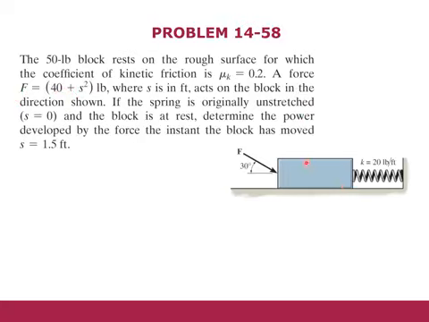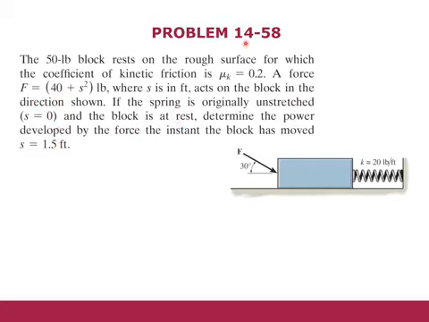The surface is not smooth, it has some friction, and the coefficient of kinetic friction is given. We have to determine the power developed by the force the instant the block has moved 1.5 feet. The force is given to us, the distance is also provided, and we have to calculate the power.